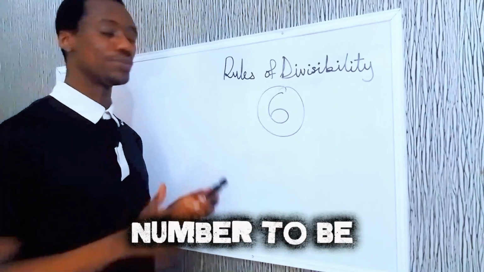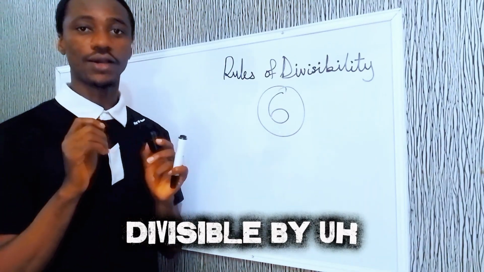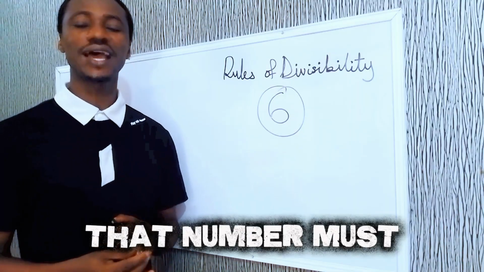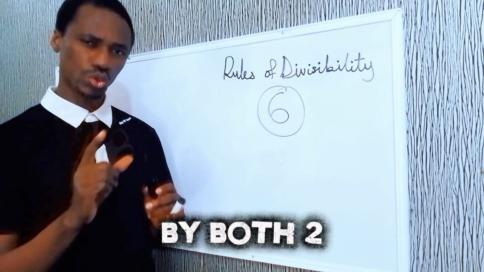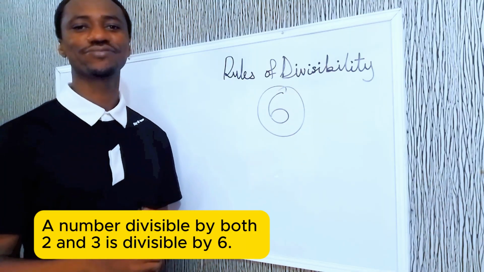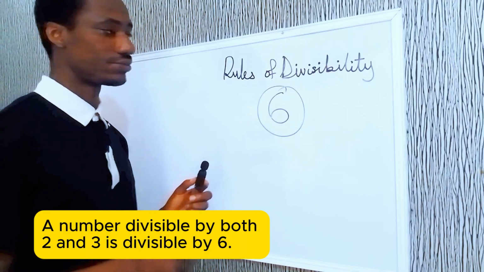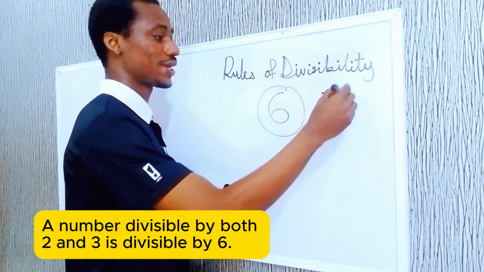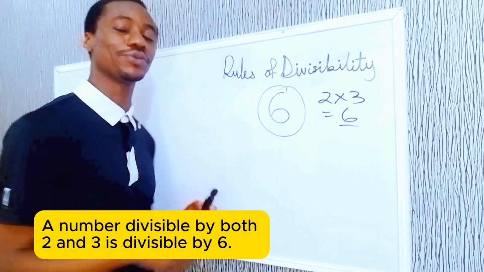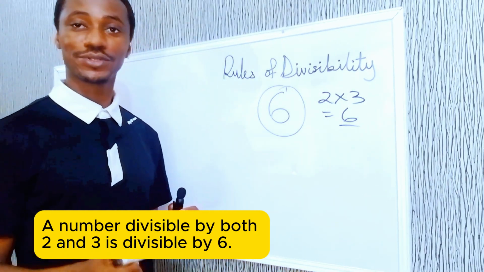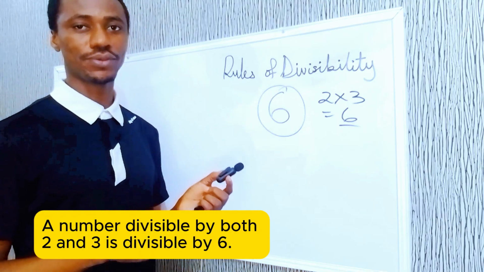So for a number to be divisible by 6, that number must be divisible by both 2 and 3. All right, because 2 times 3 is equal to 6, right? So for a number to be divisible by 6, it must be divisible by 2 and also divisible by 3.